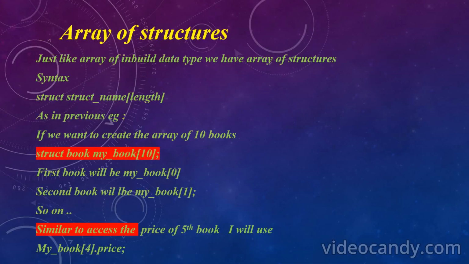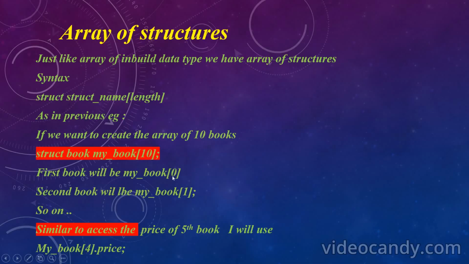So what is an array of structures? Just like an array of basic data types, we have an array of structures. Syntax is again keyword struct, then struct name, then array name and length. For example, struct book mybook[10]. So here I am creating 10 book objects.